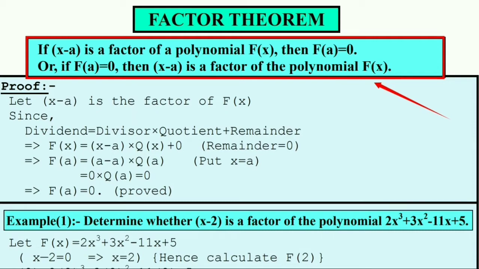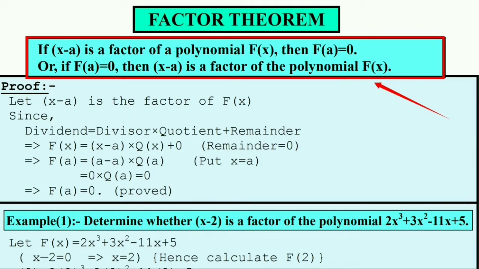By the remainder theorem we understand, and hence if this value is 0, then x minus a is a factor. So once more I repeat, if the remainder obtained is 0, then the divisor is a factor of the dividend. That only is mentioned here as a statement.